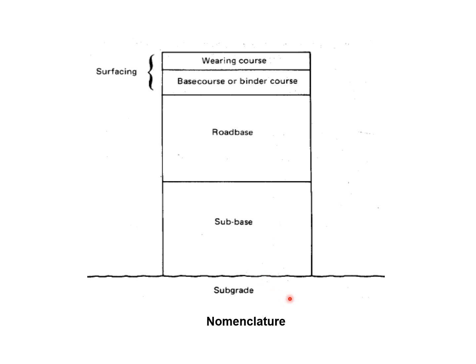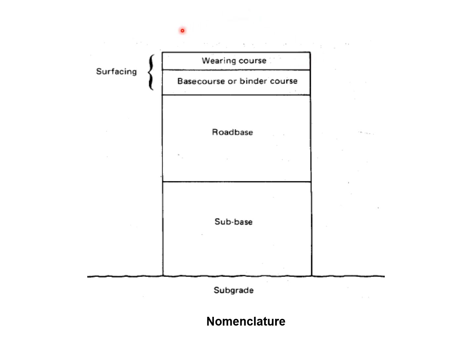So starting from the subgrade, you can see that upon the subgrade we are having the sub base, then we are having the road base or the base course, then the asphaltic base course or the binder course, which is also known as the intermediate course, and then at the top we are having the wearing course.